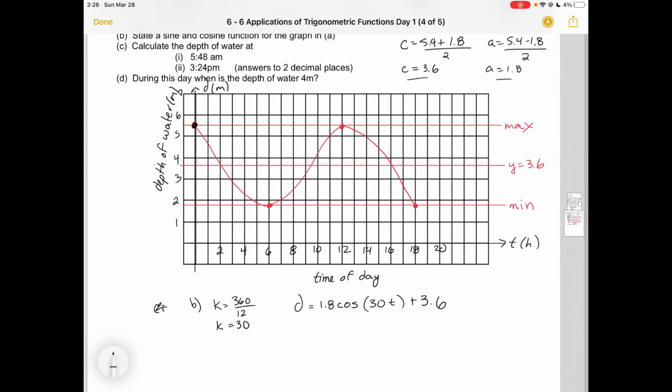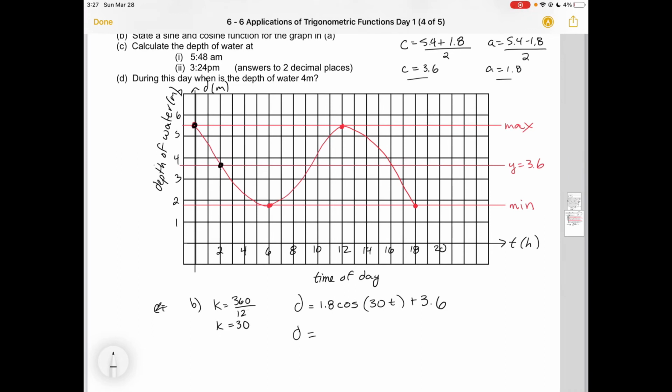Okay. So the next one that I'm going to do is my sine function here. For sine, I am going to have a phase shift, because what I know is that if I put this as my starting point, where do I want to put my starting point here?